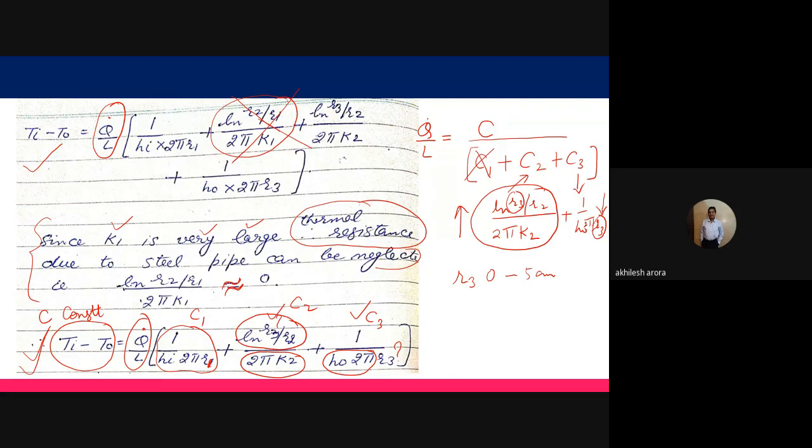It may increase or decrease depending upon the value of R3. I hope this is clear to you. That means the conduction resistance is increasing, whereas the convection resistance is decreasing when the R3 value, or the thickness or radius of the insulation, is increasing. So this is a very, very important point.